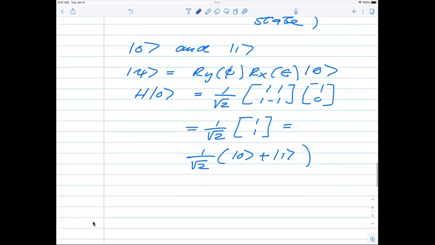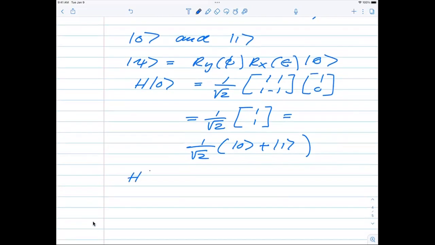If I act on the state 1 with the Hadamard matrix, then this is given by 1 over root 2 of 0 minus 1. We went through some of these operations in the beginning of the semester.